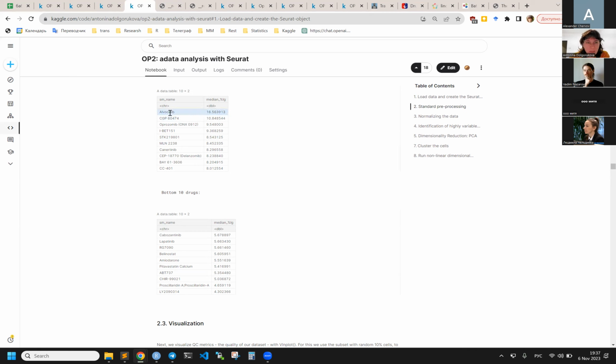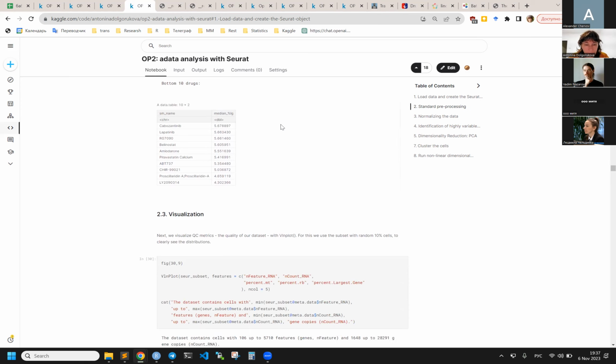And there are very few cells treated with this drug in our data set. So maybe this is the reason why these counts may be biased, because mostly we have 1/300 of cells, and for this drug only 50 or something. I don't remember the exact number, but it's the lowest.